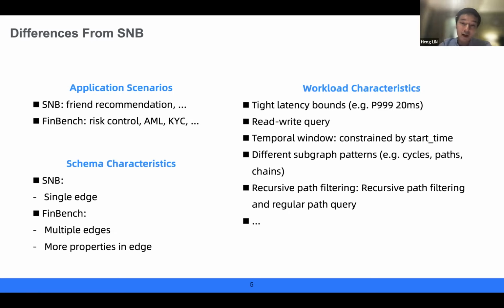When we do some online analytics, a requirement is to have a round trip query in less than 20 milliseconds, so it's a very short time. Also, the queries include read-write queries, temporal windows, subgraph patterns, and recursive path filtering. I will give some examples of these characteristics later.